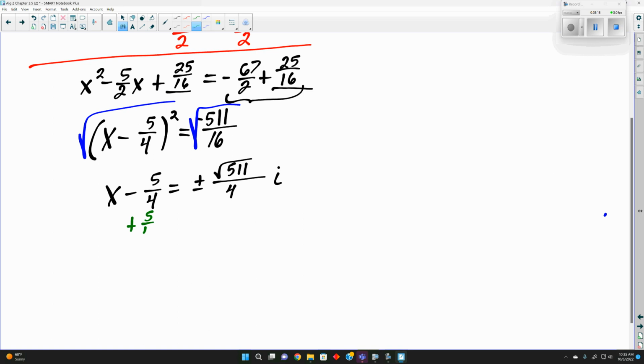And last but not least, we can add the 5/4 to both sides. And when we do that, x is equal to 5/4 plus or minus the square root of 511 over 4i.